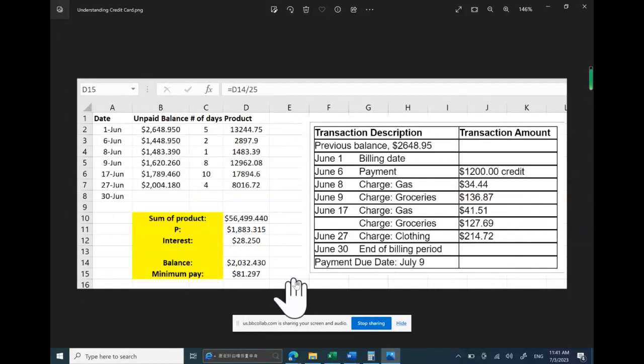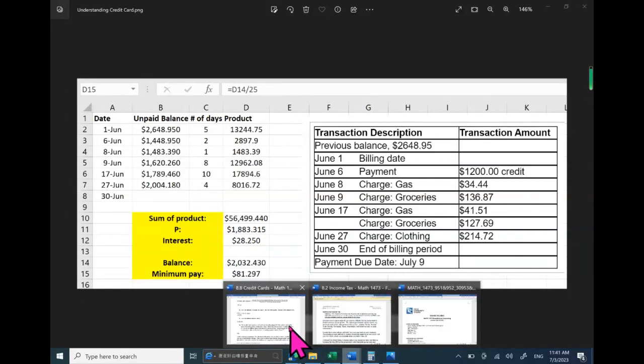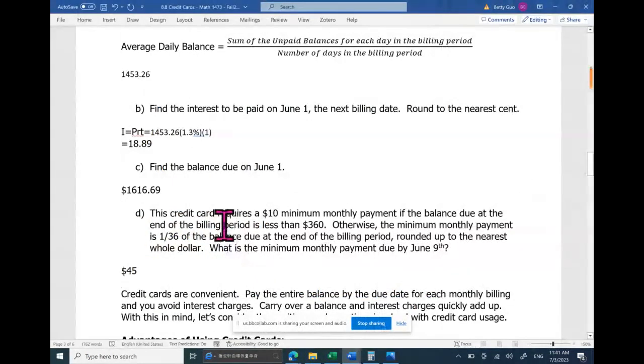The minimum monthly payment is 1/36 of the balance due at the end of the billing cycle.